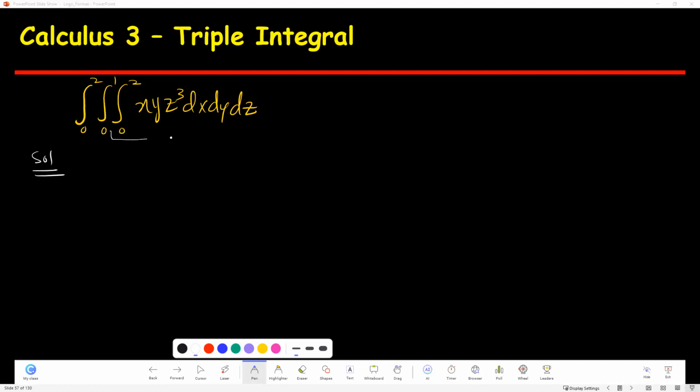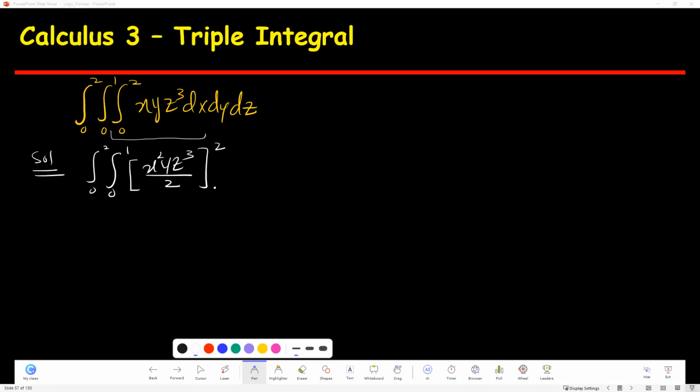I'm going to be solving the first one, so writing the 2 like this. It's going to be x squared y z cubed divided by 2.